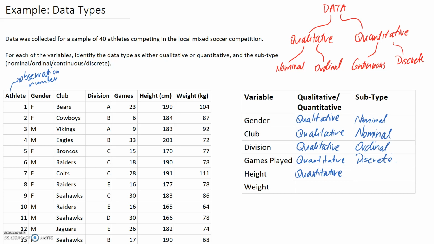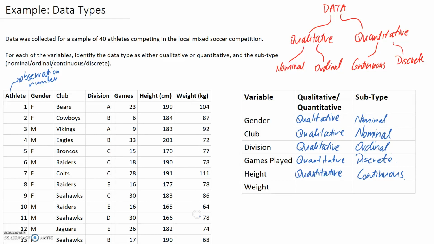If you're using a ruler, maybe you can only get to the nearest centimetre, but if you're using a more accurate measuring technique, then theoretically you could measure to essentially an infinite number of decimal places if you had the tool to do it. So therefore, this would be a continuous type of data. All right, so that's what's going to get popped in here.